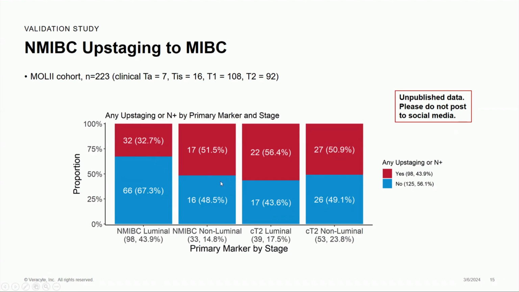I think this is maybe a more clinically important finding, in that you might do something differently with a non-muscle-invasive patient who you think is muscle invasive versus someone who's simply upstaged to non-organ-confined disease, because you're probably not going to do anything different from a T2 to a T3. So I think this is maybe more exciting and interesting data. The other surprising feature of this study is that there's really not a difference in the clinical T2 luminals and non-luminals with respect to upstaging. They're quite consistent, which was not something we expected to see.